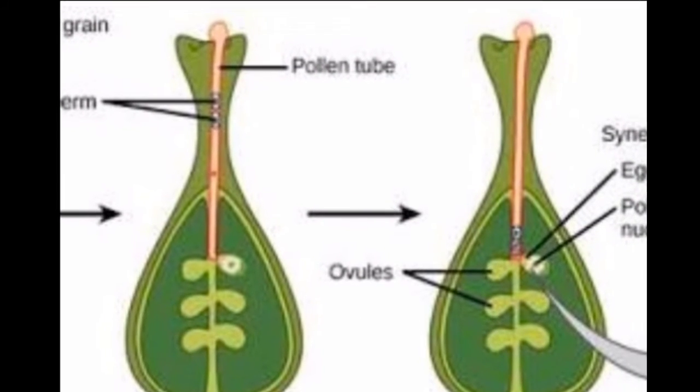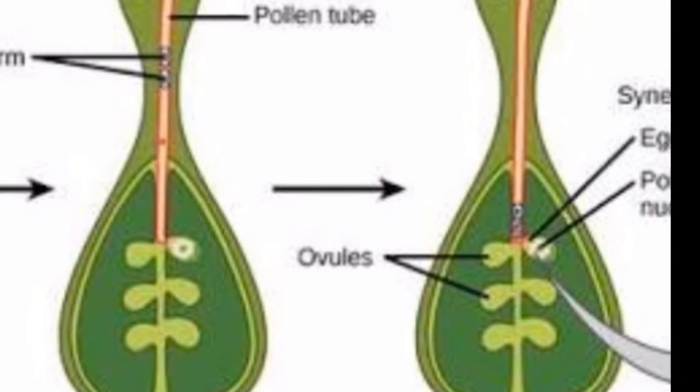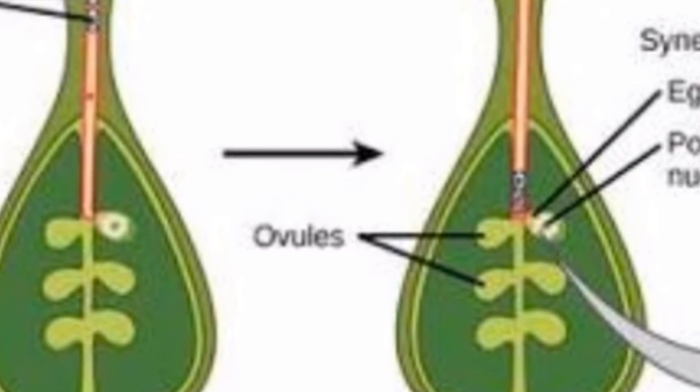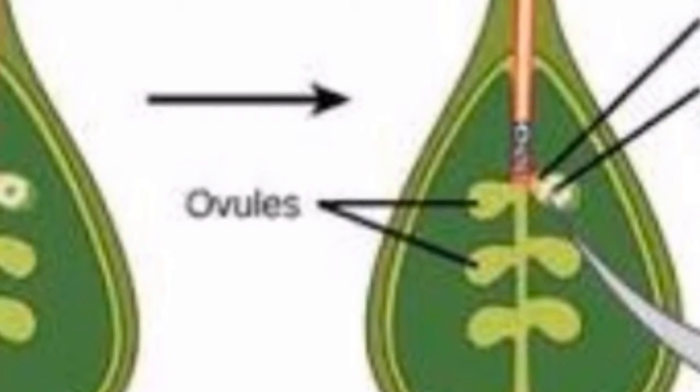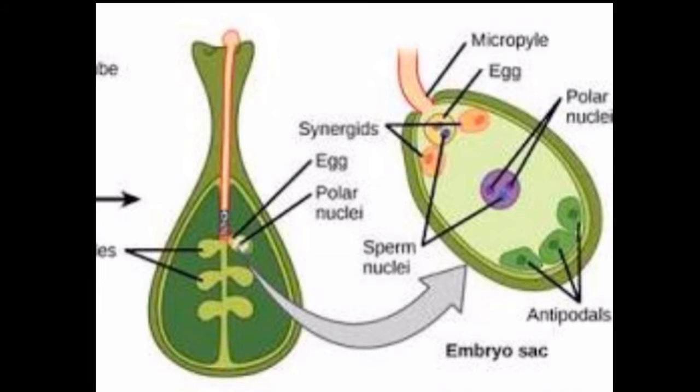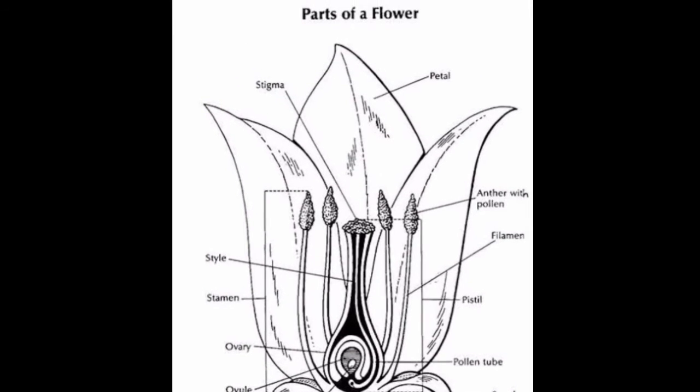As soon as the sperm cell enters the ovary, inside the ovum, let us see what will happen. Now look here, they are entering ovule. And as soon as the sperm cell enters ovule, there is egg cell. This egg cell gets fertile, and then finally fertilization takes place.